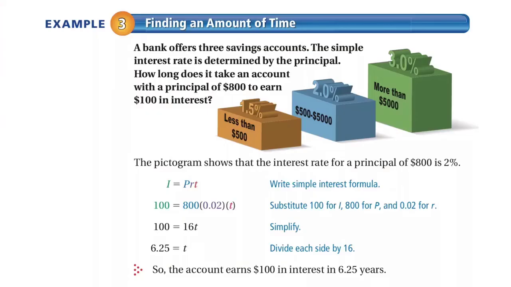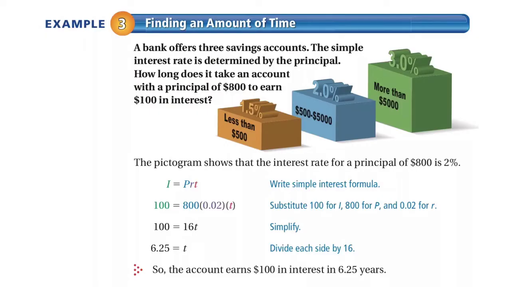Okay, for example 3, finding an amount of time, it's much like when we had to find the rate, because they give us the interest and then they give us 2 parts of the right-hand side. In this case, they give us the principal of 800 and the interest rate of 2% or 0.02.